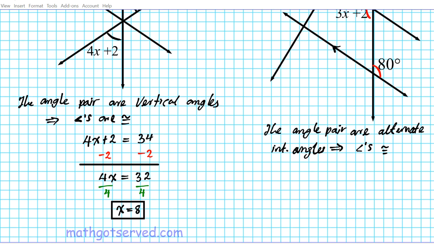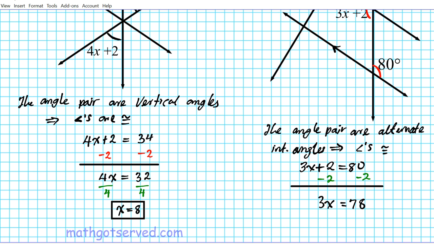Let's equate them. We have 3x plus 2 is equal to 80. To get x by itself, all we'll do is subtract 2 from both sides of the equation, and then divide by 3. Subtract 2 from both sides of the equation, and then we have 3x is equal to 78.